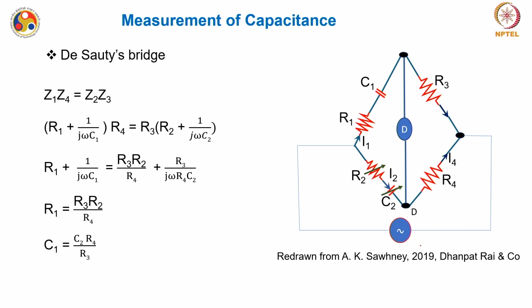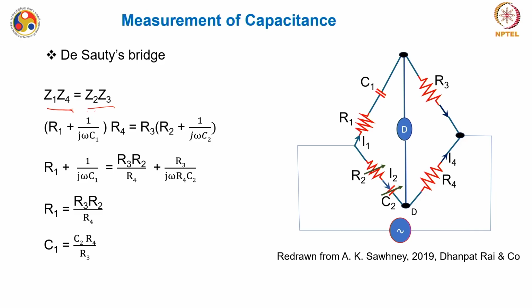This is one of the configurations for the de Sauty's bridge. Say I have an unknown value of C1 that I want to measure. We have already seen that when a bridge is balanced, the multiplication of Z1 and Z4 is equal to Z2 into Z3.